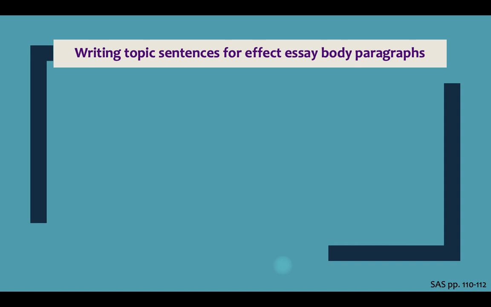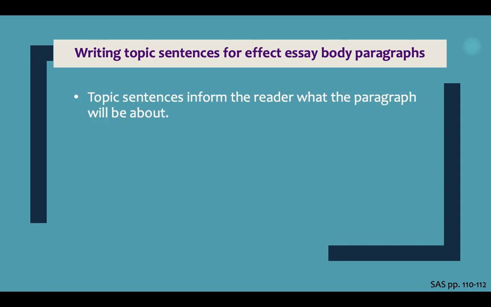And finally, our third topic is looking at writing the topic sentences for effect essay body paragraphs. And again, you can look at the pages in this book to see the examples again. Topic sentences inform the reader what the paragraph will be about.